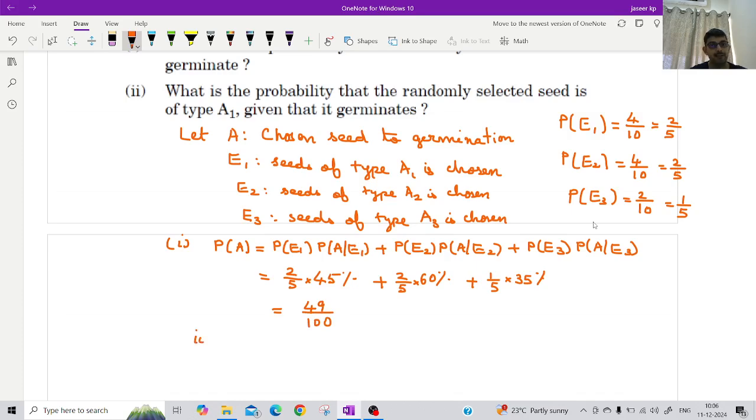Now come to the second one. The seed has already germinated, so A has already happened. The selected seed is A1, given that it has germinated. So that is P of E1 times P of A given E1, divided by P of A. That's the total probability already found in the first part.